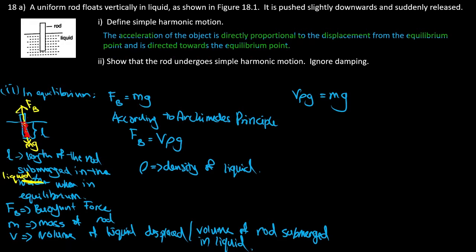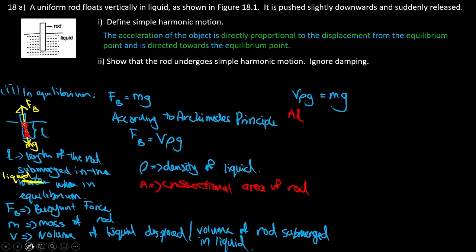V is equal to A times L, where A is the cross-sectional area of the rod, while L is the length submerged in water.